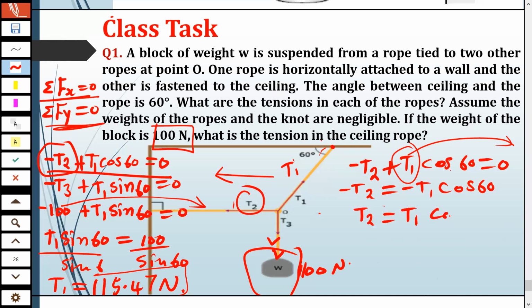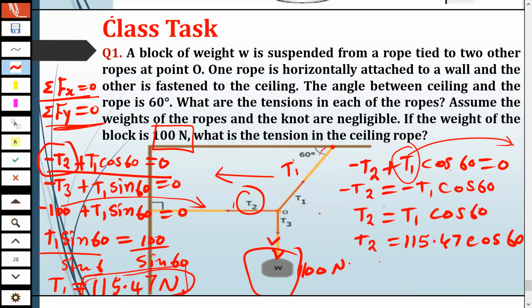So my T1, we found T1 to be 115.47. So I'm going to replace it there. So I'm going to have 115.47 multiplying with cos 60. So cos 60 is a special angle. This is 0.5. So the tension that is in T2 is 230.94.